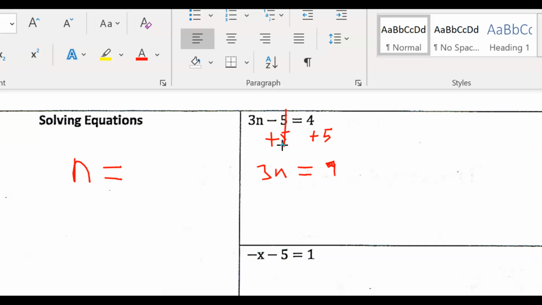Okay, these 5's subtracted out. So now I'm really close to having n all by himself. I want to now divide by 3 on both sides. If I'm multiplying by 3, the way that I undo that is by dividing by 3. So now n is all by himself, and 9 divided by 3 is 3.